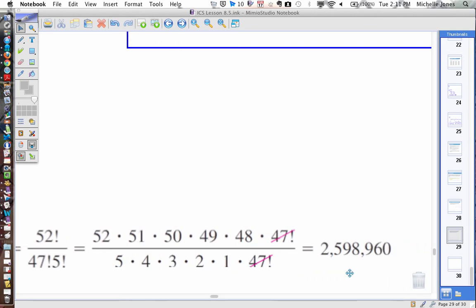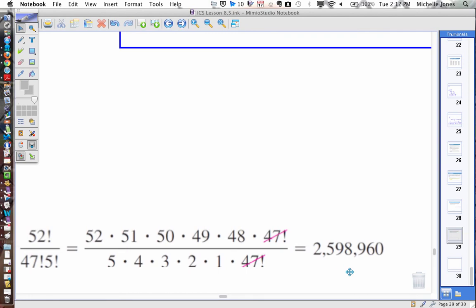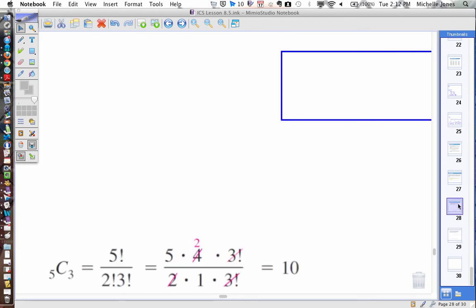Multiply those out, do a little fun canceling tricks, and you'll get 2,598,960. Obviously, I'm not going to have you write all of those combinations out, so the only try this you have to do is the last example, come up with all of the ways you can arrange those letters. You should have 10 of them.